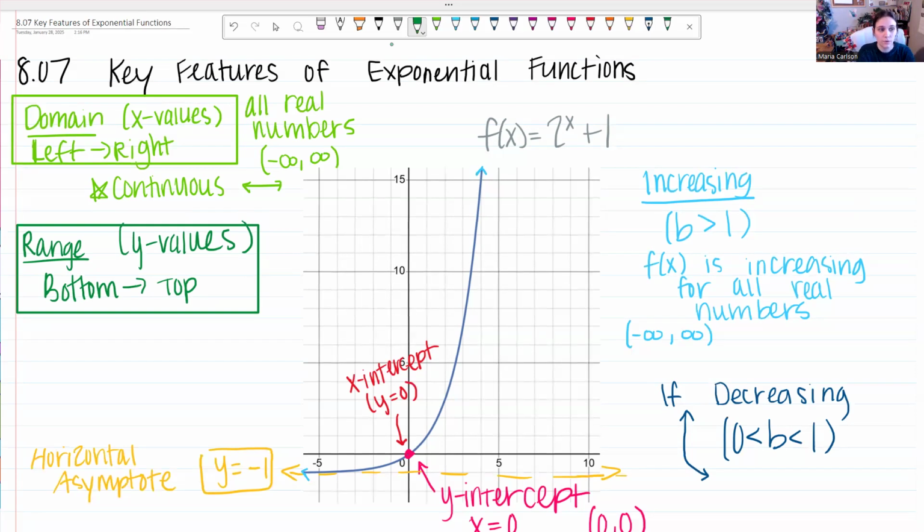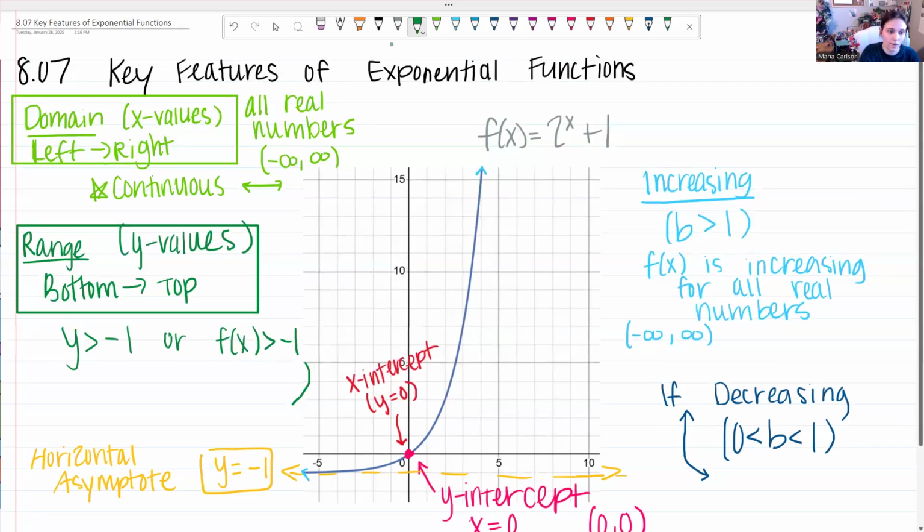In this case, there is a lowest value, and that's the asymptote. We have all of the values of y that are greater than -1. Or I could say the function values that are greater than -1 are all values of our range. And that comes from the asymptote being -1.